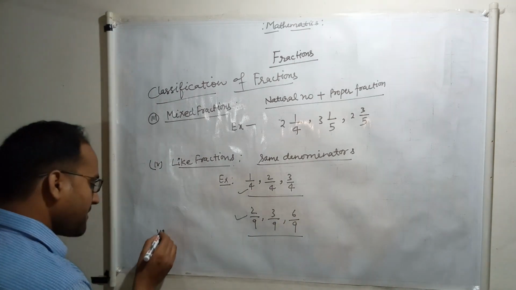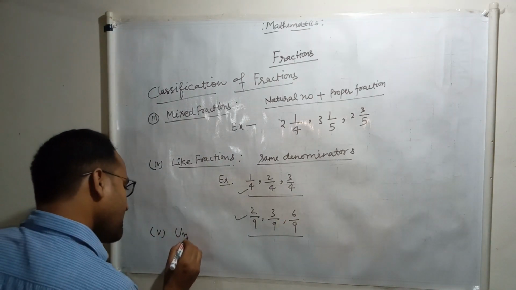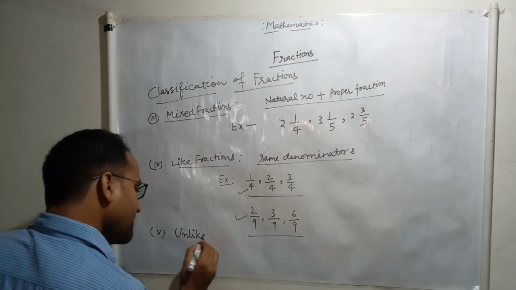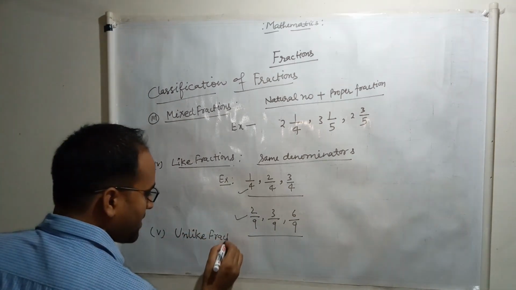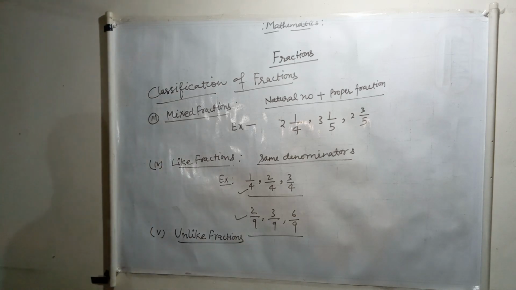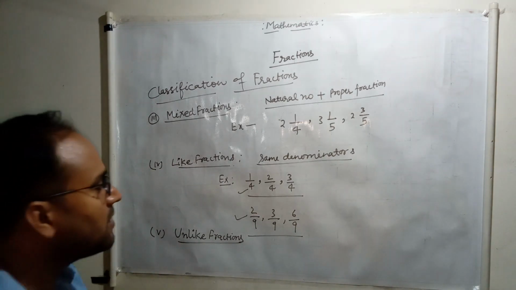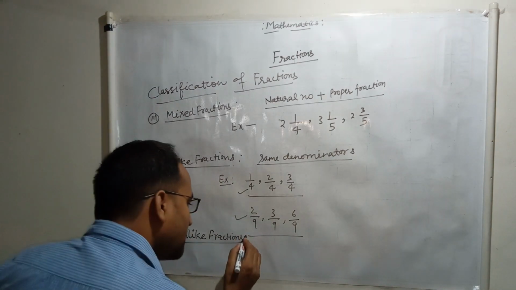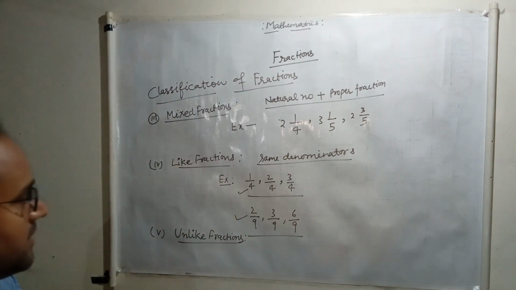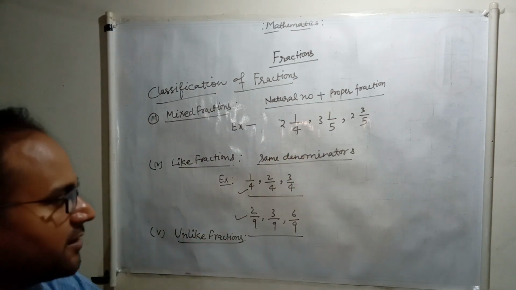The fifth one is unlike fractions. Here, like fractions have the same denominator. Unlike fractions have different denominators.